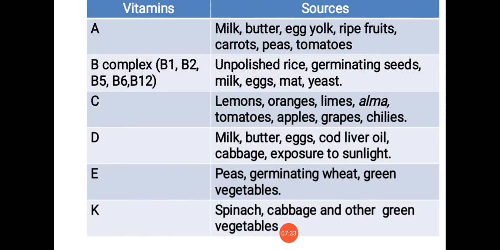Vitamin D we get from milk, butter, eggs, cod liver oil, cabbage and exposure to sunlight. Vitamin E we get from peas, germinating wheat and green vegetables. And vitamin K we get from spinach, cabbage and other green vegetables.